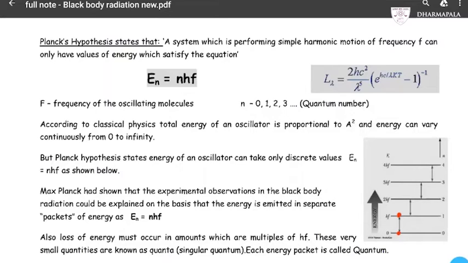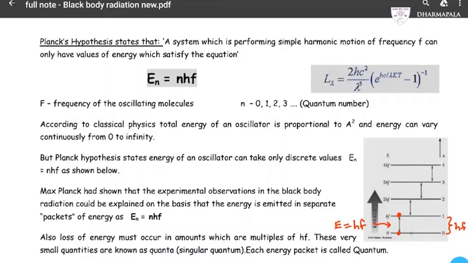The energy that this radiation has equals hf, because from 0 to 1 the energy difference is hf, as n is 1.